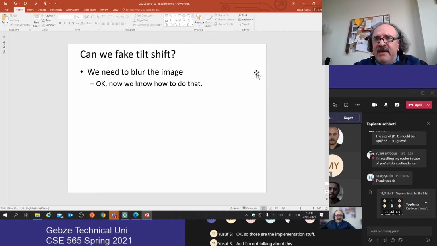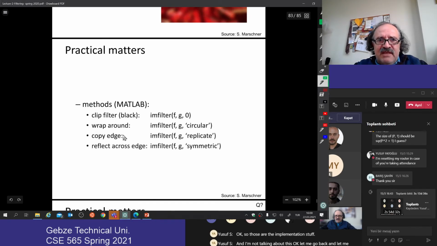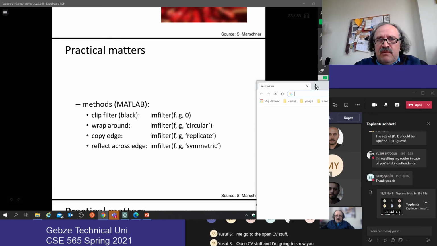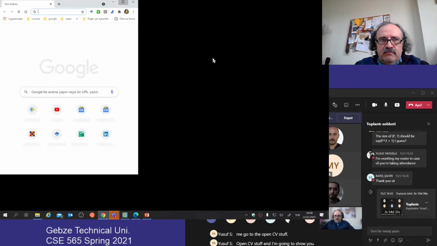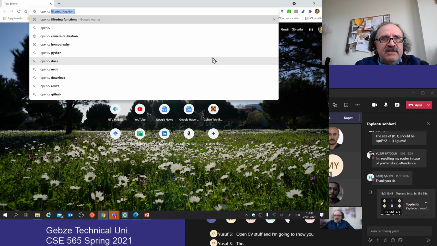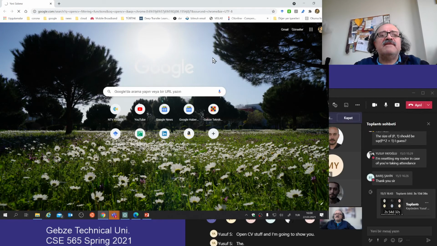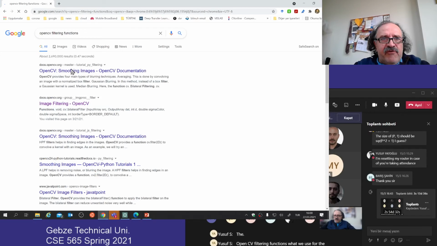Okay, let me go to the OpenCV part and show you the OpenCV filtering functions we use, from the documentation.